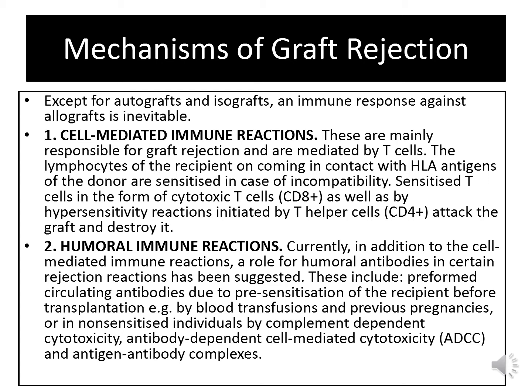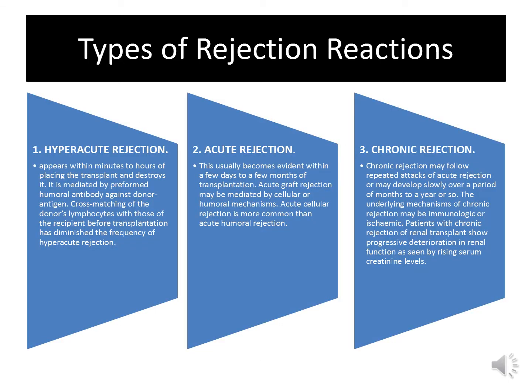These include preformed circulating antibodies due to pre-sensitization of the recipient before transplantation, for example by blood transfusions and previous pregnancies, or, in a non-sensitized individual, complement-dependent cytotoxicity, antibody-dependent cell-mediated cytotoxicity, and antigen-antibody complexes. What we see as rejection reaction.